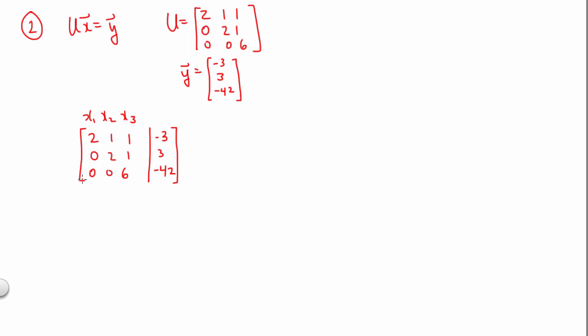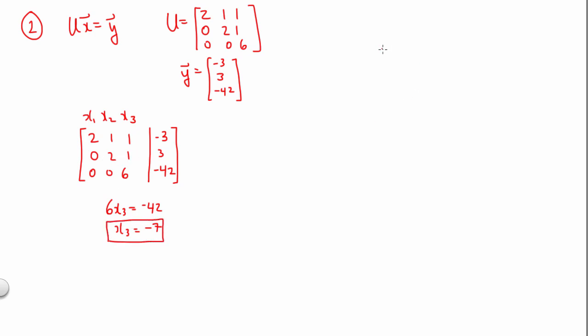Now in this part of the problem, it's much easier to solve from the bottom of the matrix, since the bottom row is typically the simplest row here. Bottom row says that 6x3 is equal to negative 42. So that tells us that x3 is equal to negative 7.